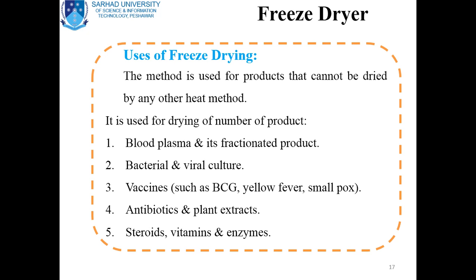The fractionated products of blood may be dried by using the freeze drying process. Bacterial culture, viral culture, and vaccines such as BCG, yellow fever, and smallpox can be dried by using the freeze drying process. Antibiotics and plant extracts, as well as steroids, vitamins and enzymes, and some antiviral drugs.